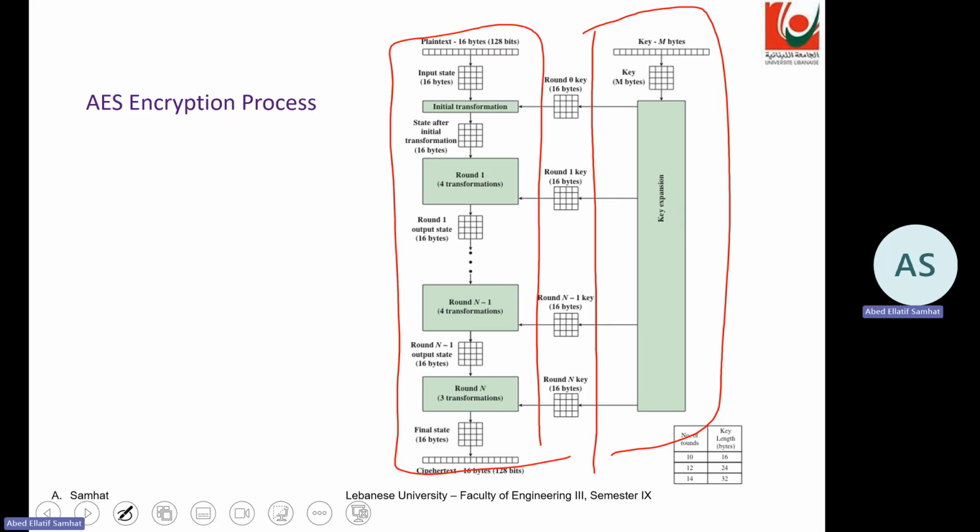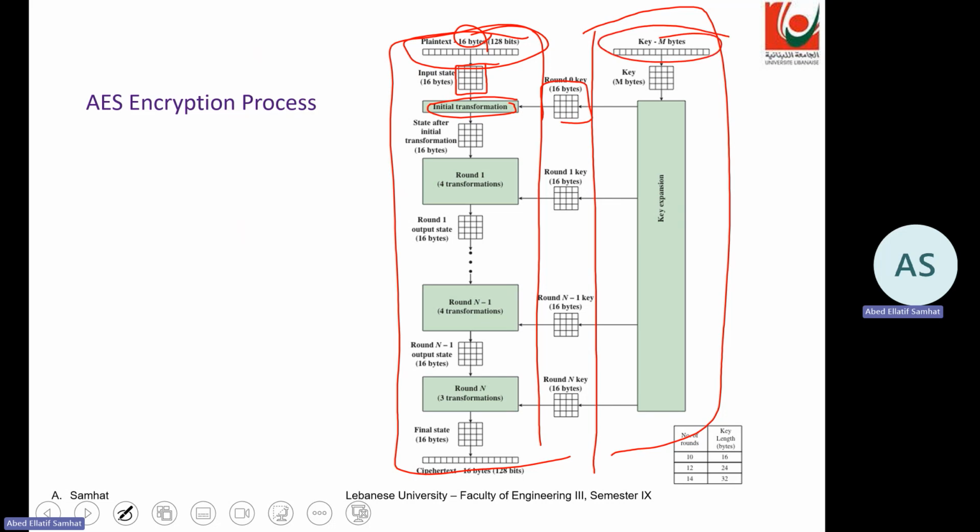In this case, we take the 128 bits, which are 16 bytes, represented as a 4x4 matrix where each byte is in one element. So you have 16 bytes, and after that you should apply an initial transformation using the key. Here you have a key of m bytes.